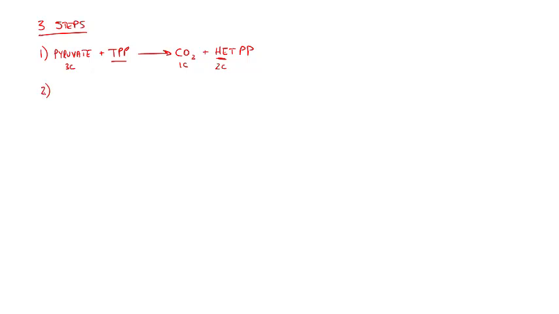Step 2, HETPP reacts with a molecule known as lipoic acid, which is redox sensitive, and it's the oxidized form that reacts with HETPP. We end up with hydroxyethyl lipoic acid and get our TPP back again.